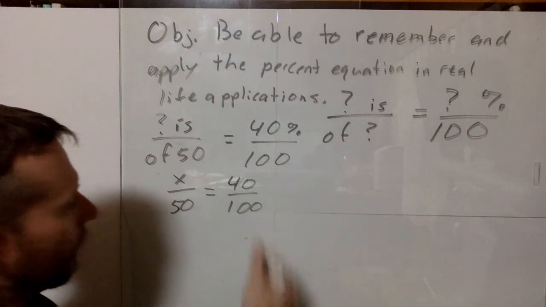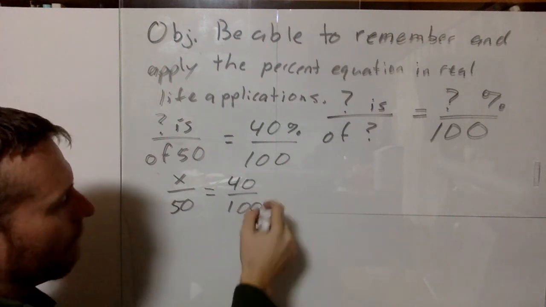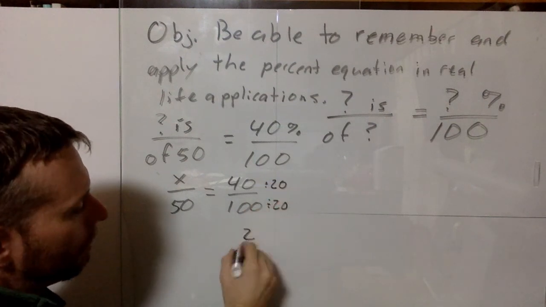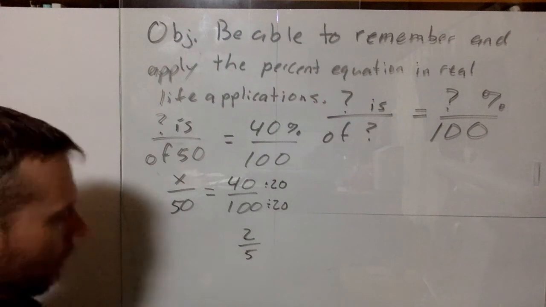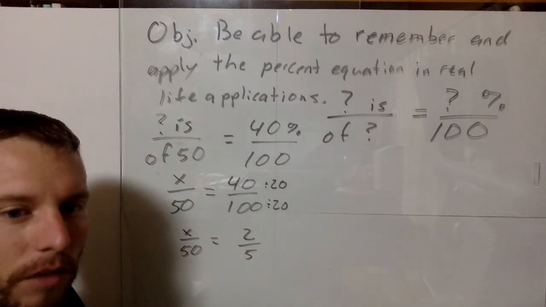x over 50 equals 40 over 100. If we simplify 40 over 100, dividing both the top and the bottom by 20, we get 2/5. x over 50 equals 2/5.